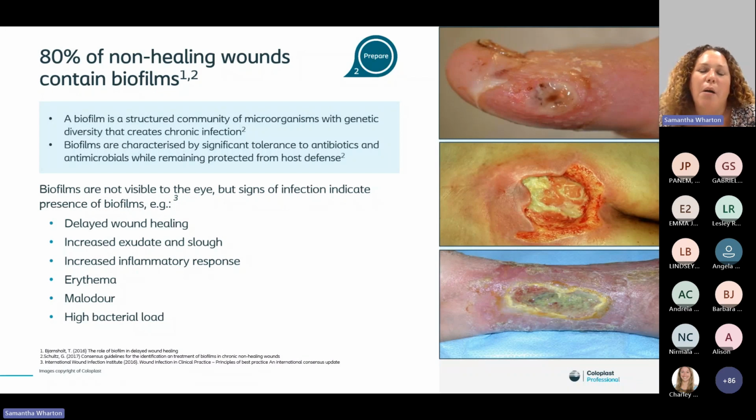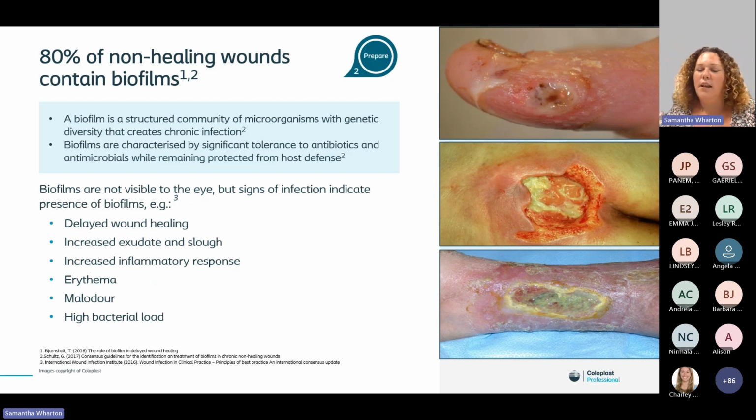So often when we think about biofilms, we think of umbrellas. So you've got these microorganisms with umbrellas that are protecting themselves. And whenever you're putting your antimicrobial dressing on, or you're trying to break them down, they've got these umbrellas protecting them.